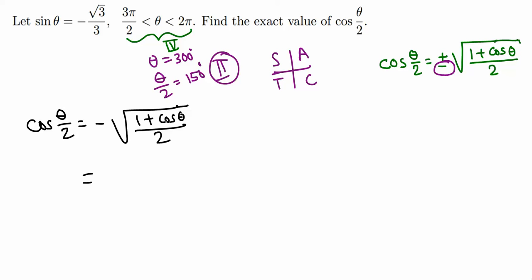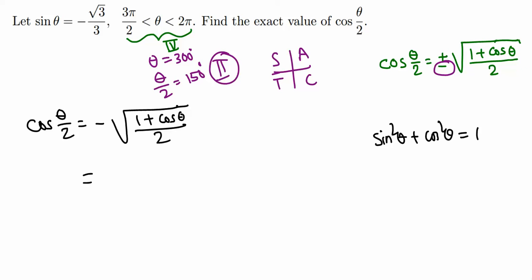Next, if we know the value of cosine theta, then we are basically done. But the question gives the value of sine theta. So based on this sine theta, we need to find cosine theta. There are two ways, by the way. We can go for sine square plus cosine square equals 1, where sine is given, and we can find the value of cosine.